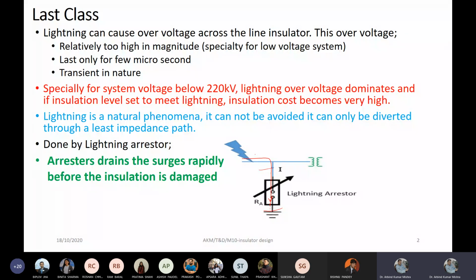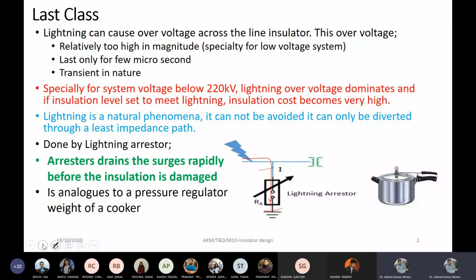To remember how the lightning arrestor works, just remember, for example, the pressure regulator of a pressure cooker. All of you have seen it. There is a weight put here, this weight.